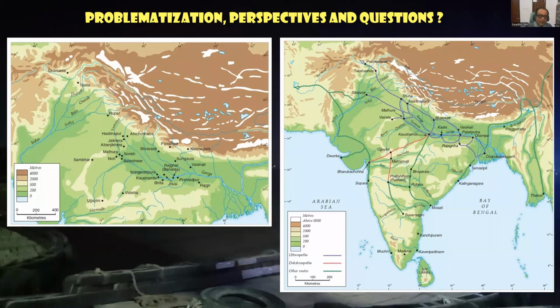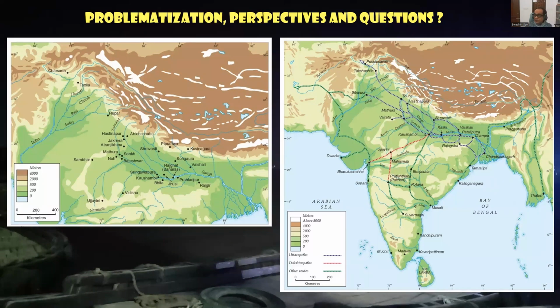And even when there was a peak, a very big initiative to identify urban centers from the epics, for example Kurukshetra or Hastinapur or Indraprastha, there were certain methodological and conceptual issues in identifying these as sites mentioned in the epics or other textual sources.